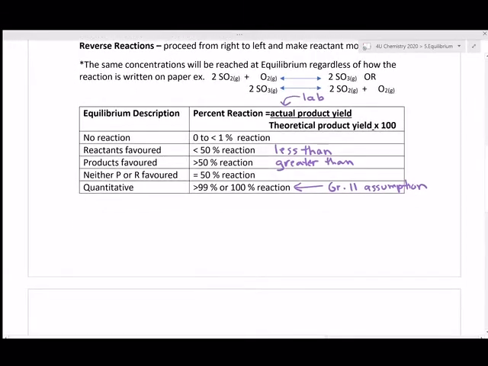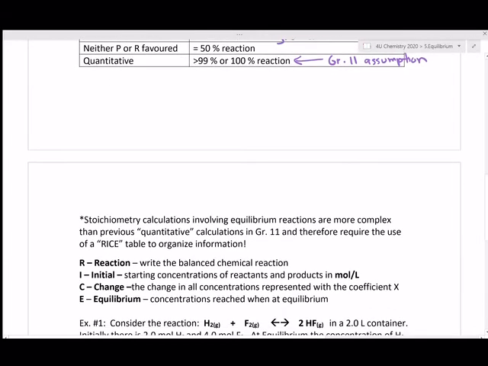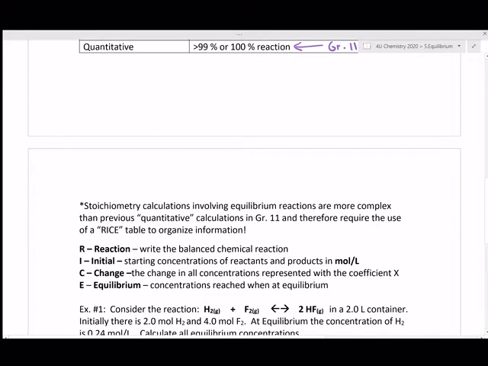But now we know otherwise. Okay, so because some reactions do not just proceed right to the end and make great amounts of product, our calculations become more complex now. We can't do stoichiometry quite the same way we were in grade 11 for these particular reactions.